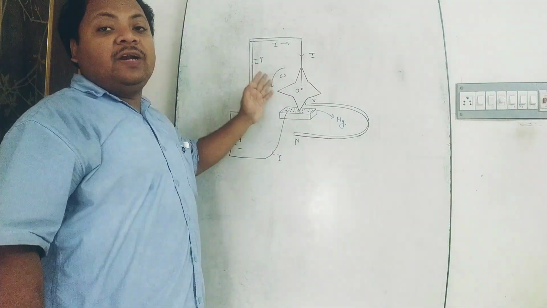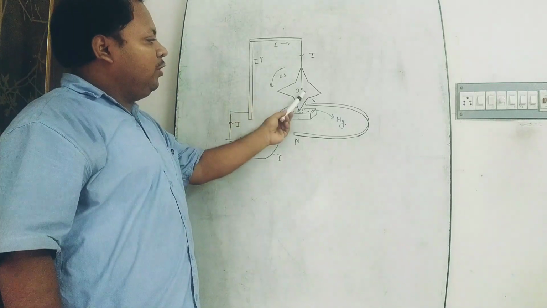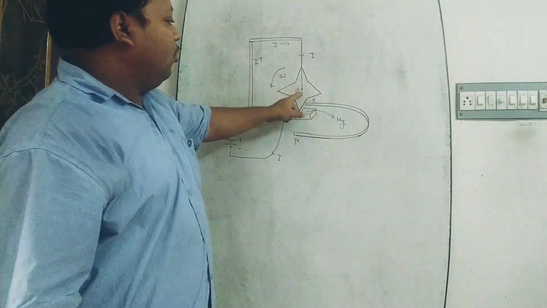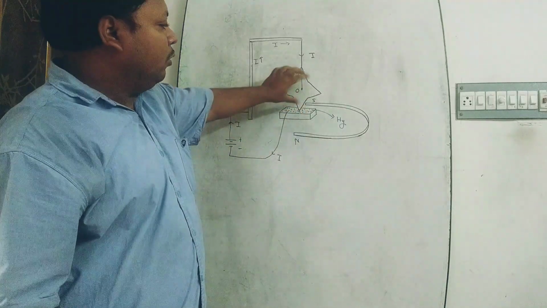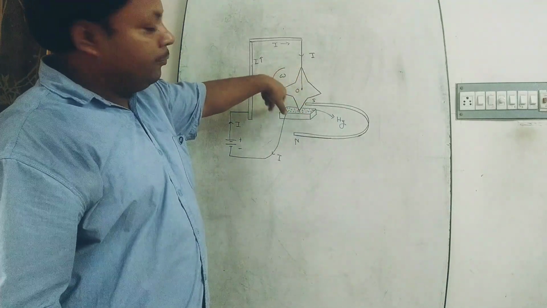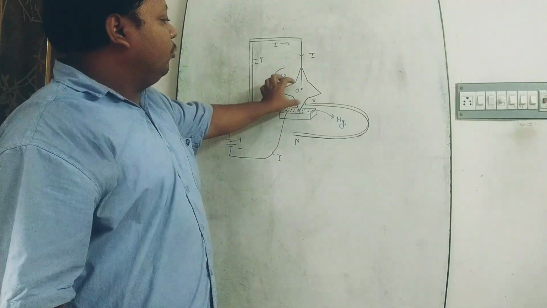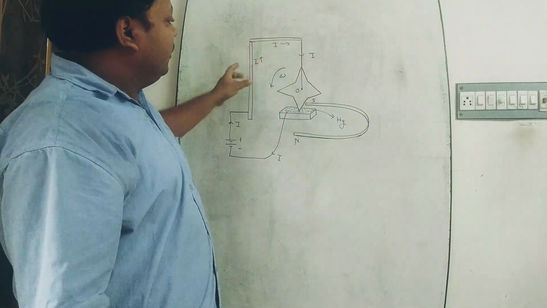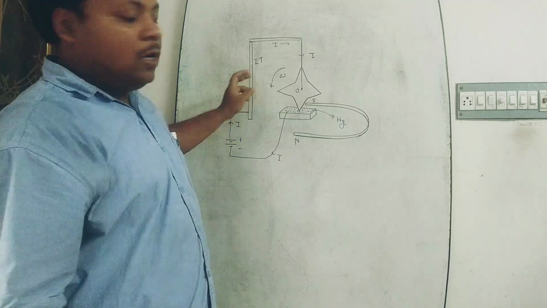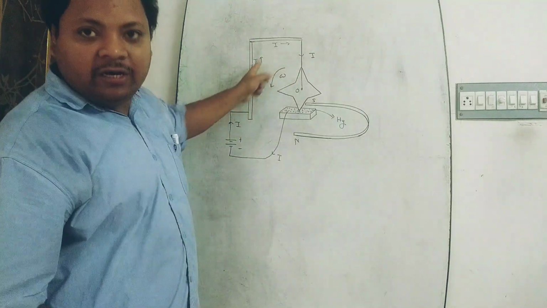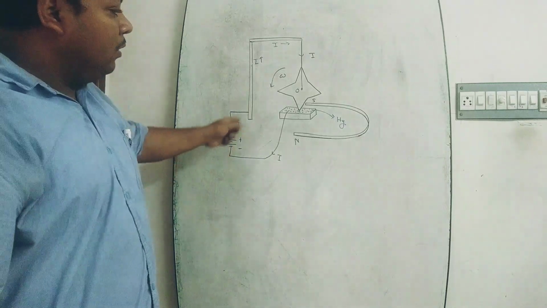This is a simple diagram of Barlow's wheel. This is a wheel which can be rotated about the point O. The Barlow wheel is mounted on a metal rod, and this metal rod is connected with a battery.